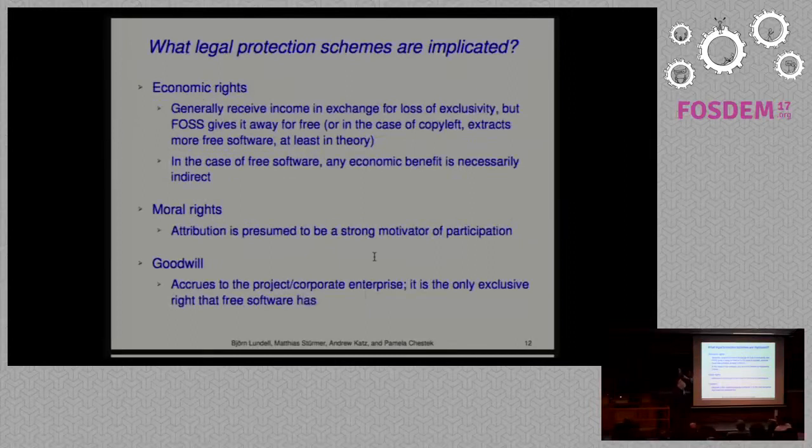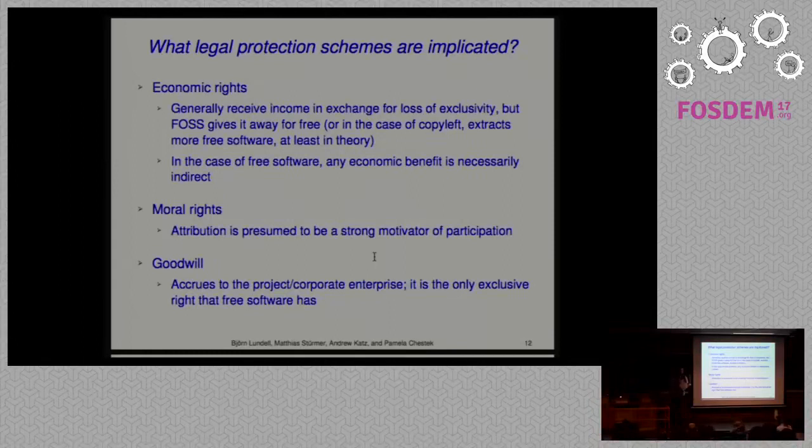So what the analysis was then, here are the interests at play as I see them in free software when we're talking about the traditional, quote unquote, intellectual property. I've not included patent here because I don't think that's an incentive at all. What we have are economic rights, moral rights, and goodwill. I'll talk about each of those.